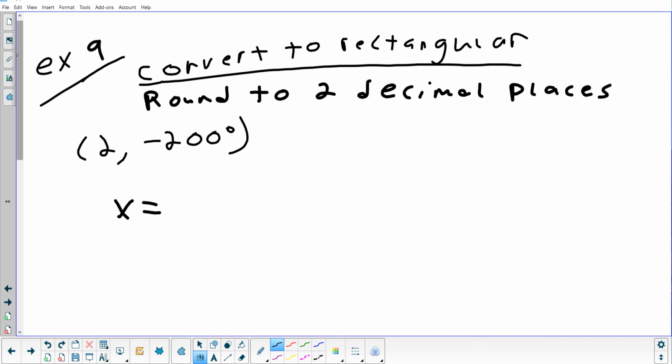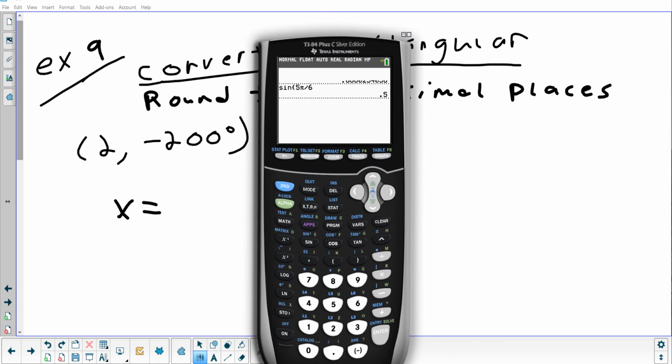I'll just type it. What do I type in for the x formula? 2 cosine negative 200. Put it in degrees mode. I can still put it in degrees mode after I type it. I just need to do it before I hit enter. All right, so put it in degrees and hit enter. And you get negative 1.88.